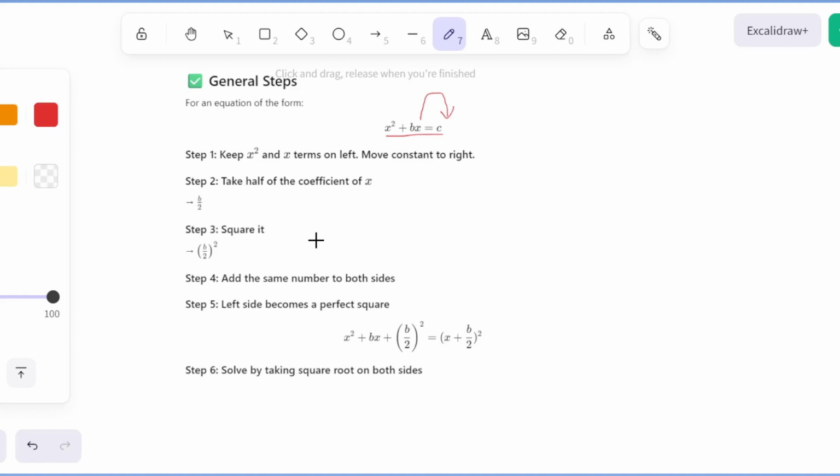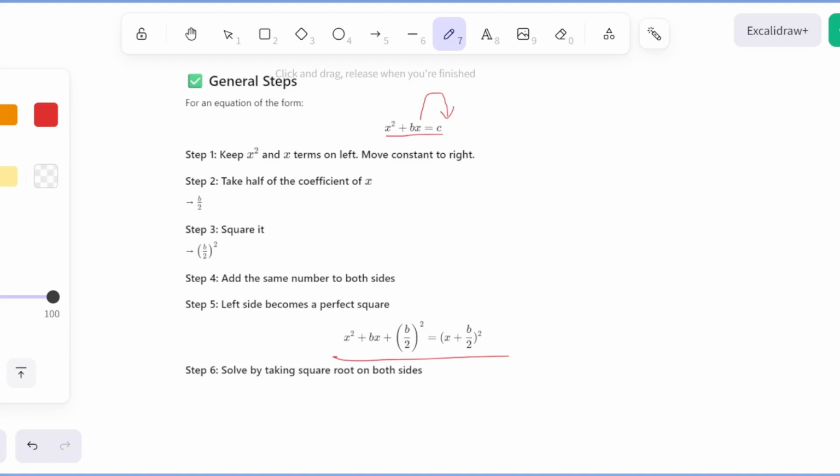Then whatever the answer comes, you have to add and subtract both the numbers. Add it to the left hand side and subtract it from the right hand side. And once you get this equation, you can solve it by taking the square root of both the sides. We'll take one example and try to understand these steps.